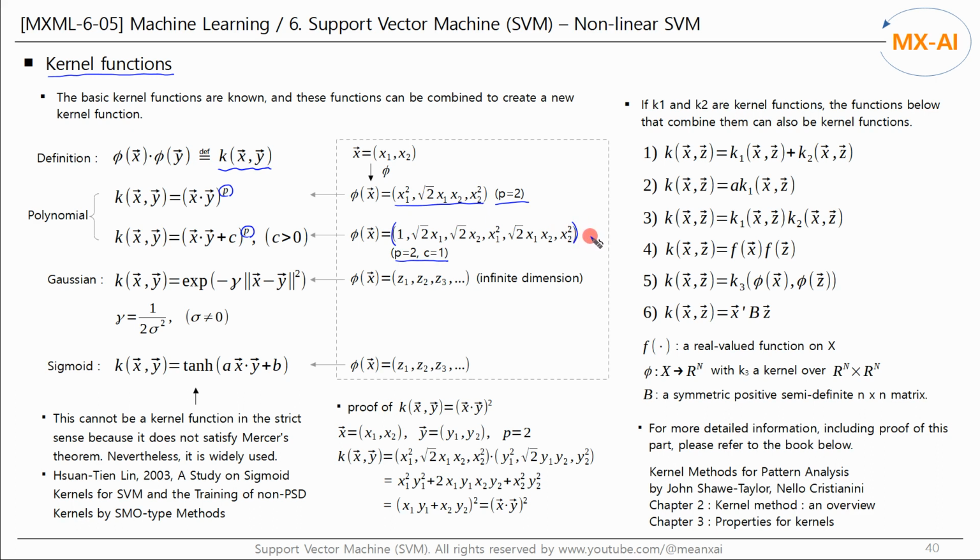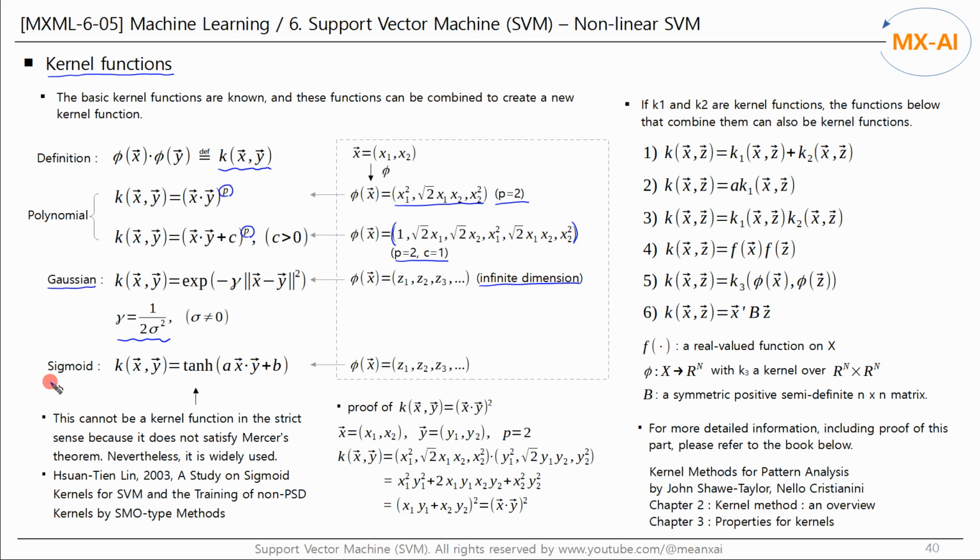The two-dimensional data point is transformed to the six-dimensional data point. Gaussian function can also be a kernel function. Here gamma is defined as follows, and the sigma is the standard deviation. Gaussian kernel transforms a data point x into infinite dimensions.